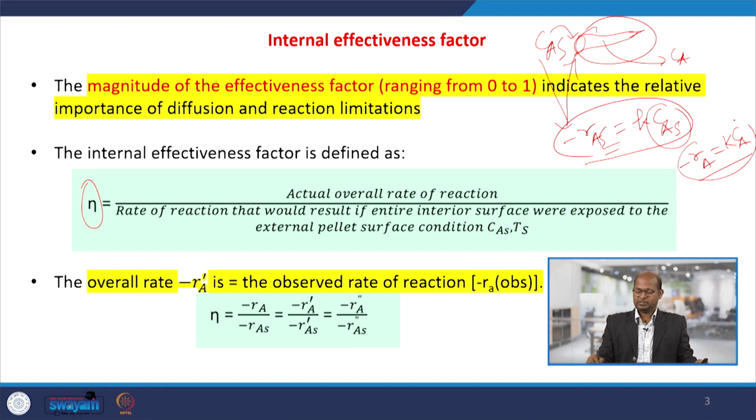So these two rates are different, since the concentrations are different at different locations inside the pores and outside, at the external surface, due to diffusion.